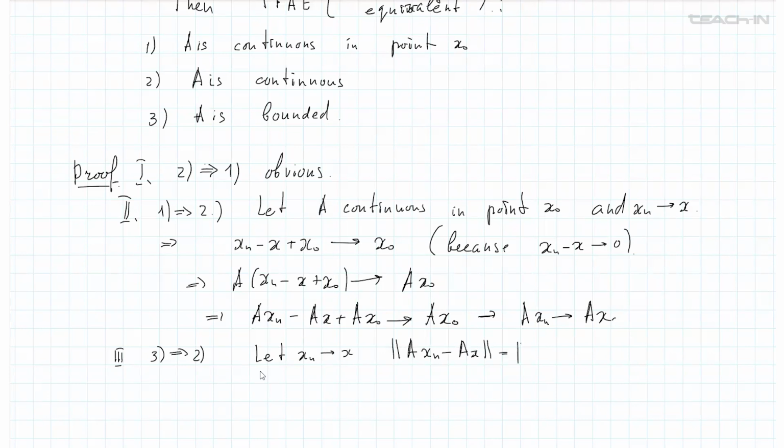By the definition of linearity for operators, we can write it as A acting on the difference of the vectors, and then by the multiplicative inequality, we can rewrite it as following. This is finite, and this tends to 0. So we obtain continuity at any point.